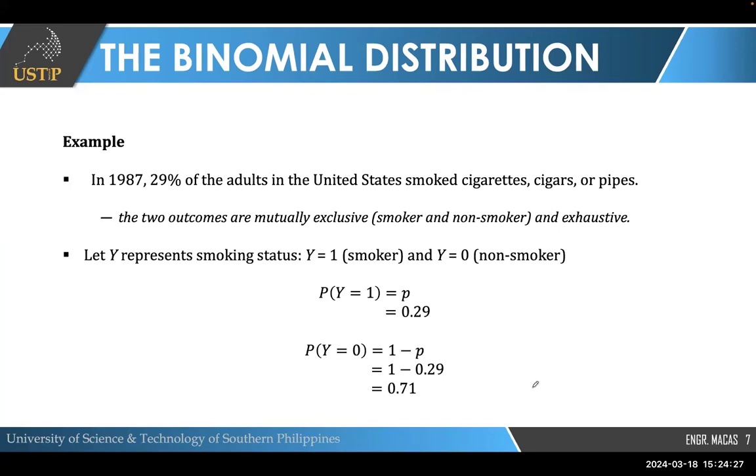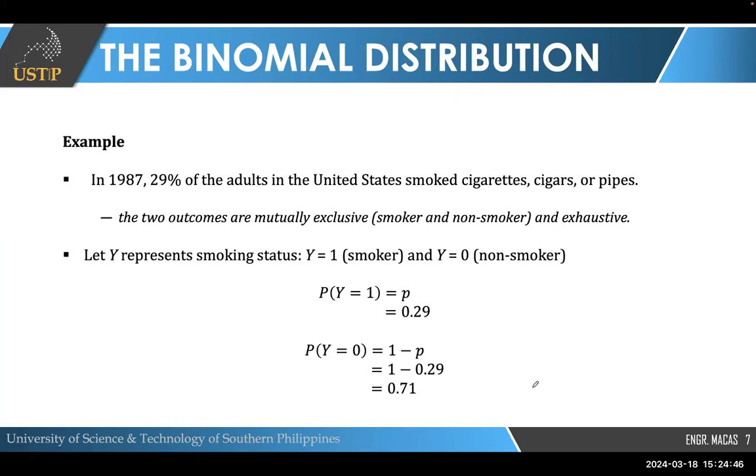Okay, so let's represent a certain variable y as our smoking status. Okay? So y is equal to 1, we can assume, or y is equal to 0, for the smoker. But in this case, let's use 1, okay? Y is equal to 1 for the smoker, and then y is equal to 0 for the non-smoker.